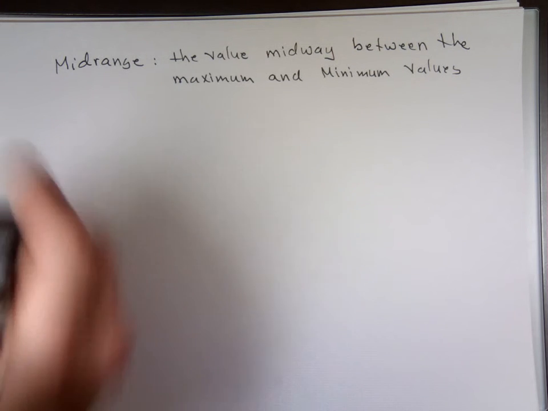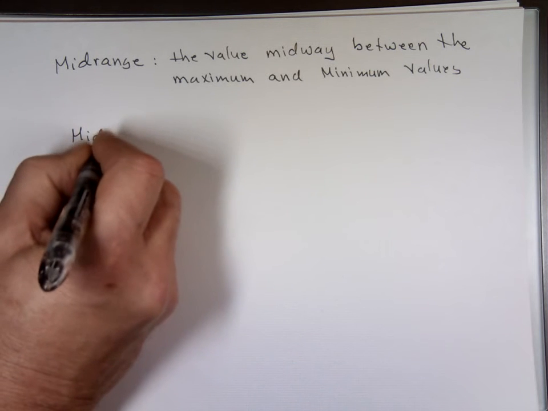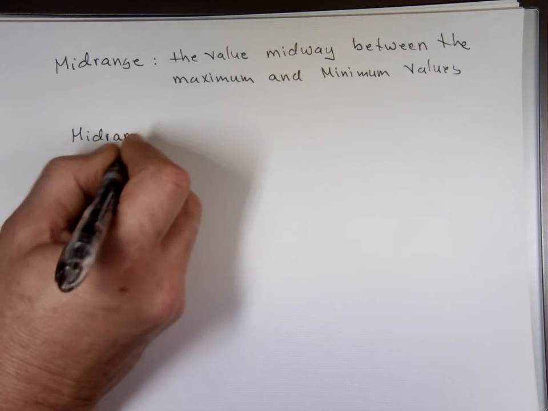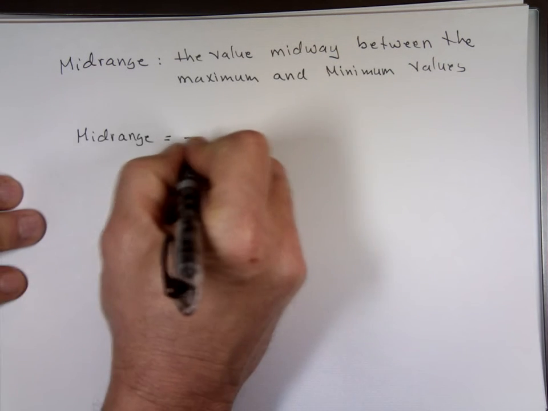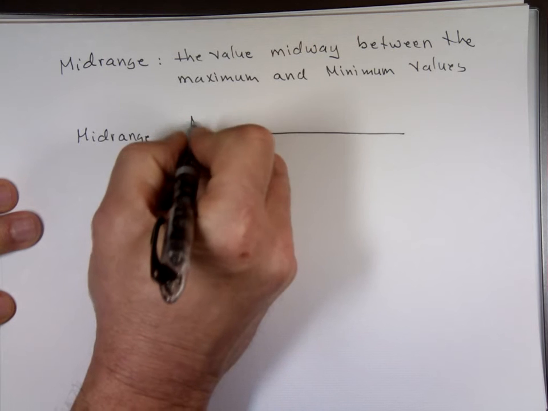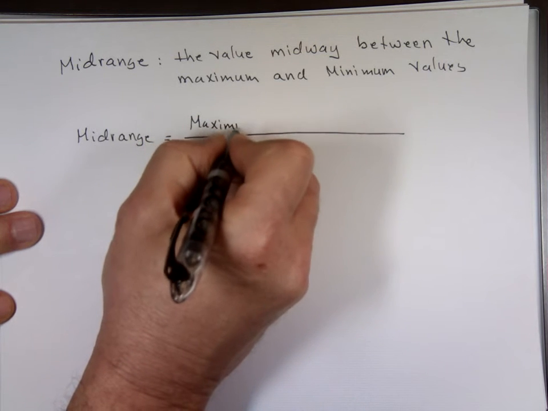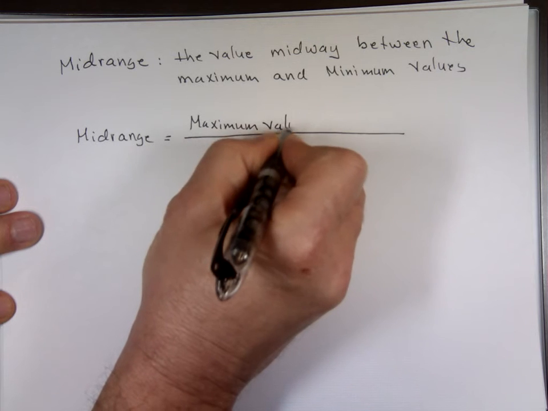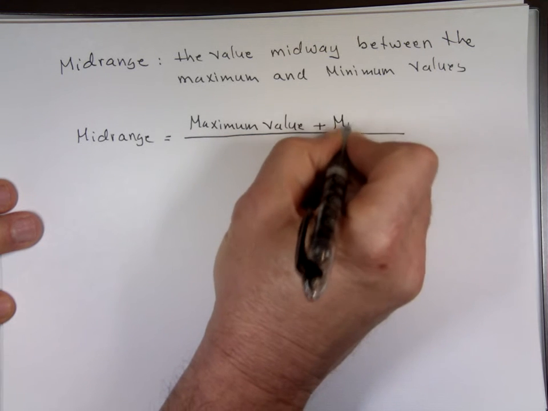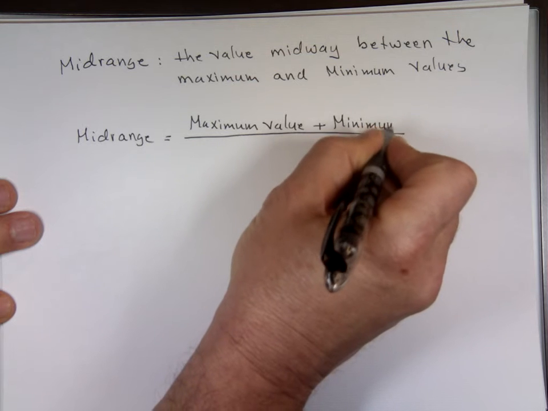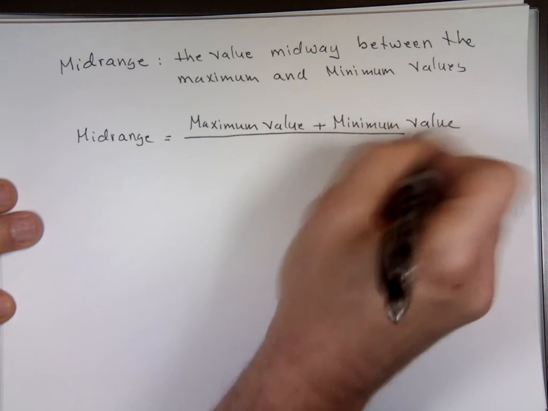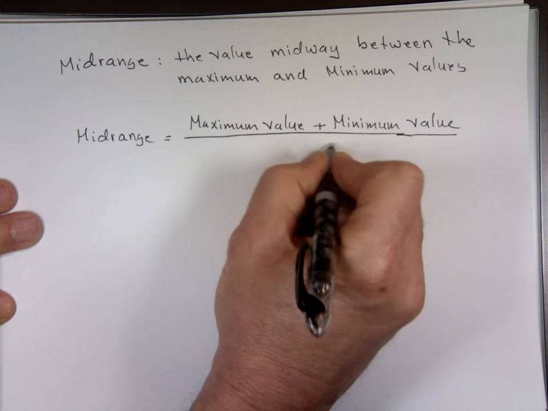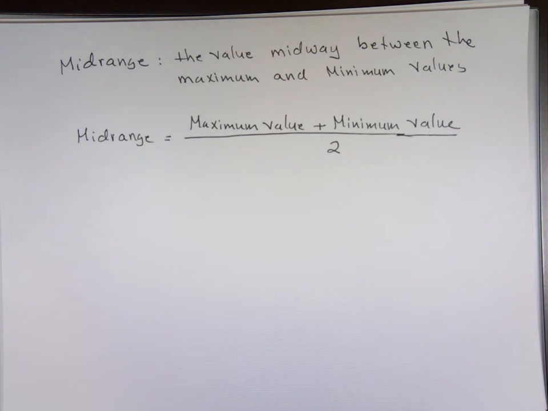So mathematically, the midrange is equal to what? It has to land halfway between them. We take the maximum value, add to it the minimum value, and divide the answer by 2. That's the midrange, halfway between them. The range is high minus low. That's the range. The midrange is the value halfway between them.